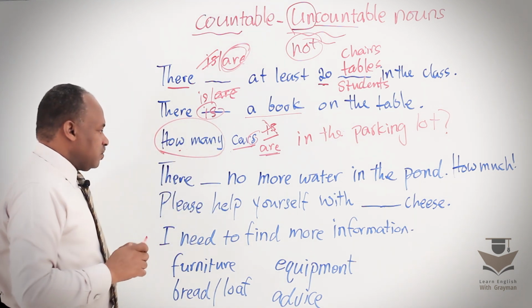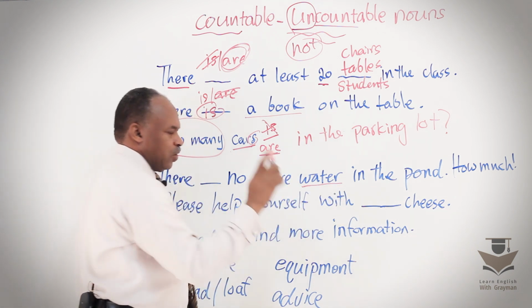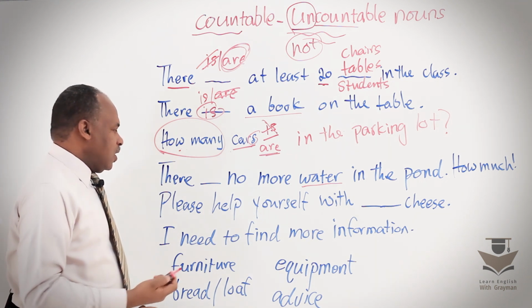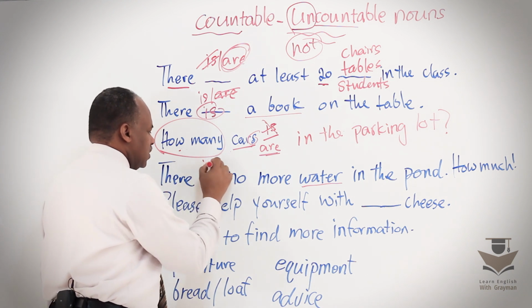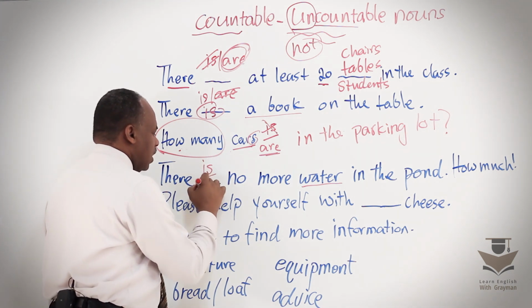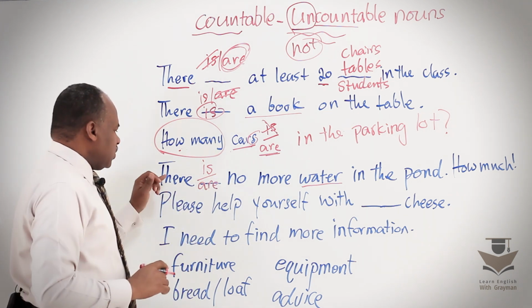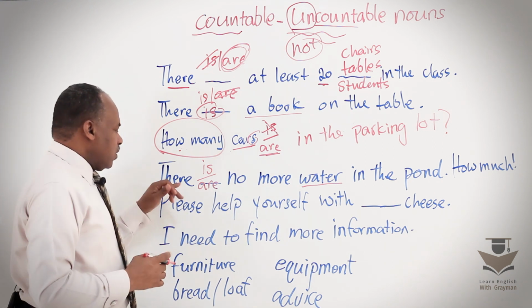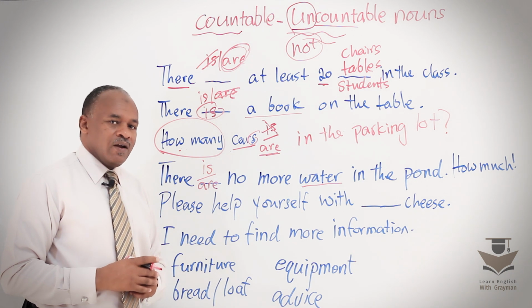Okay, let's move here. We talk about water. Don't forget, we talk about liquids. Then we say there either is or are. Which one should we use? Should we say there is no water in the pond or there are no water in the pond?